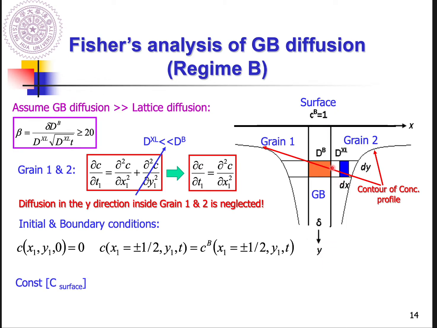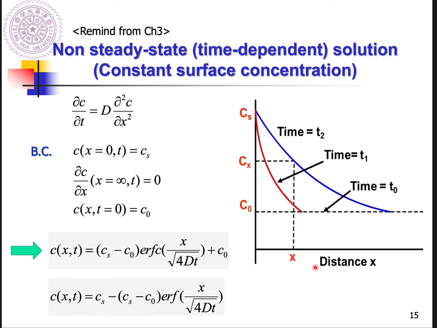But to this location, the diffusion source mainly comes from the concentration at the grain boundary. But this concentration does change with y and t. Okay, so I will give you a quick review of chapter 3.